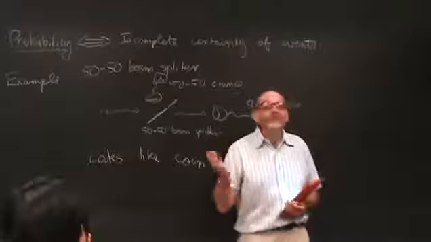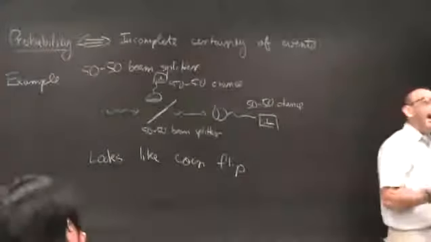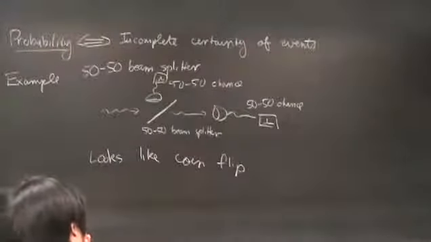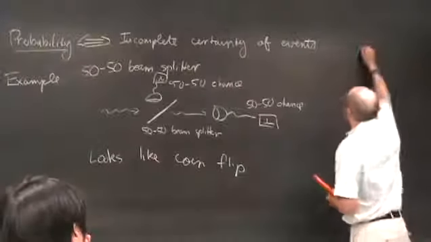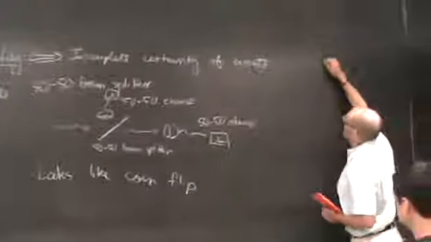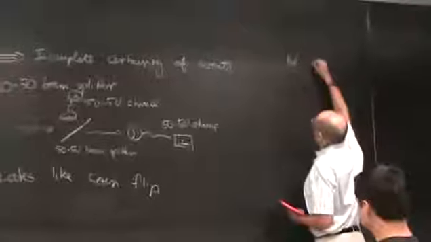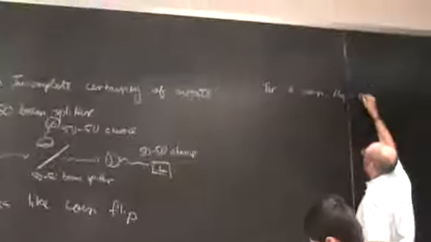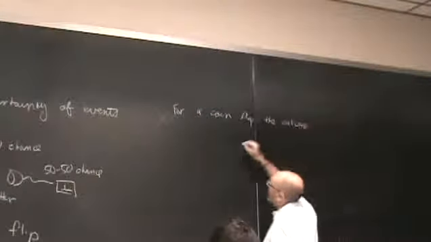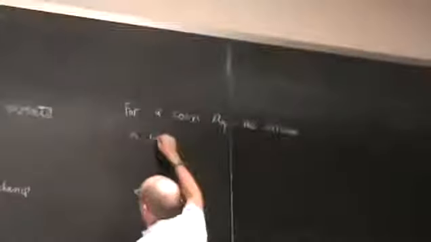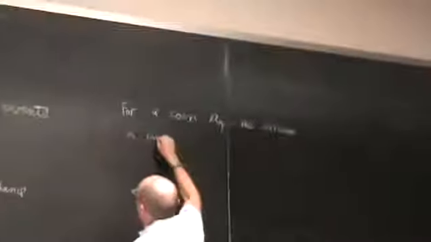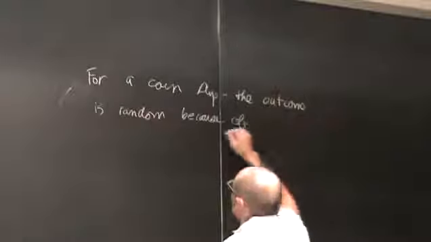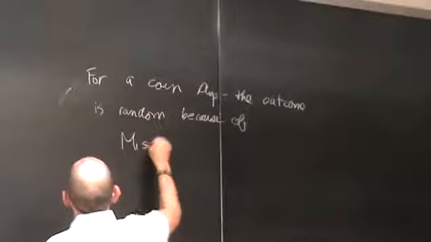Right, there's missing information about the coin. The reason for a coin flip, the outcome is random because of, and this is an important point, missing information.